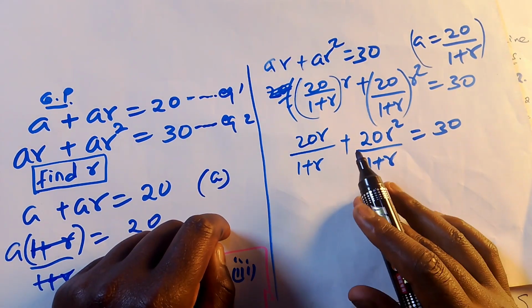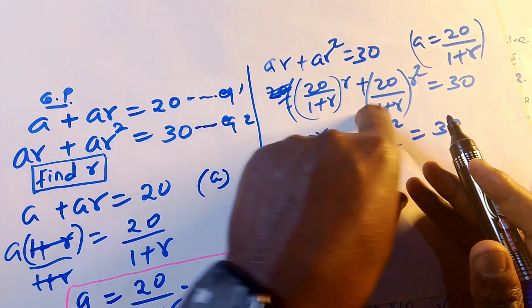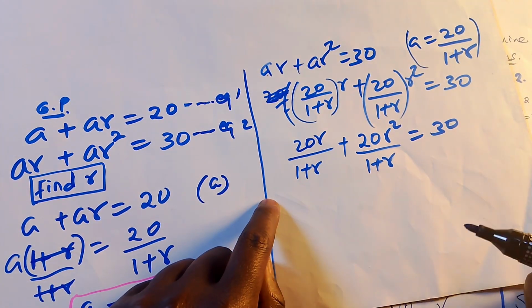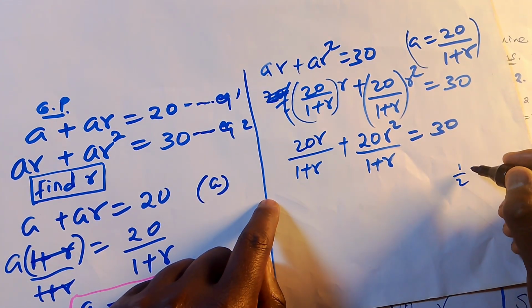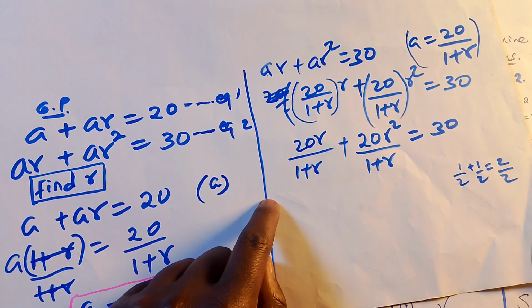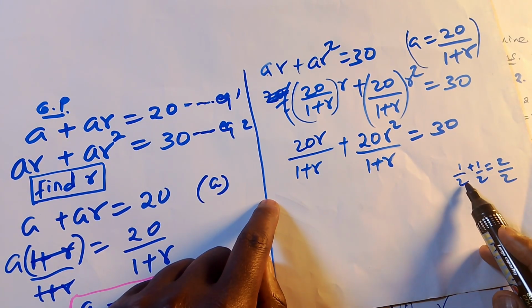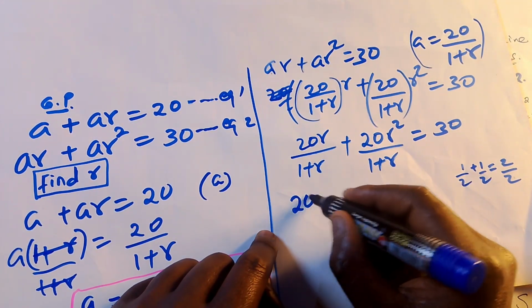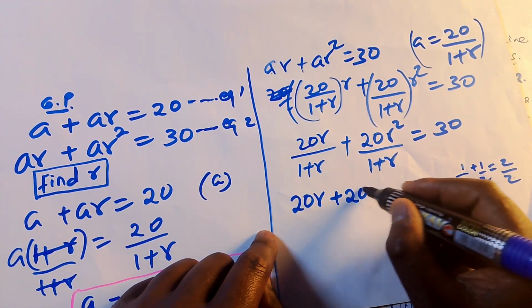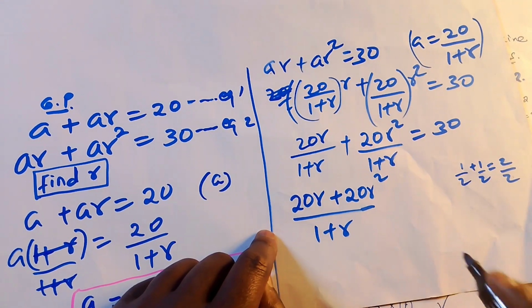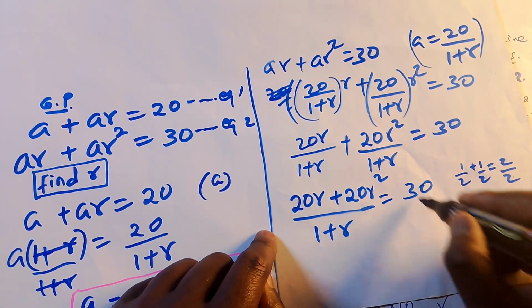When the denominator is the same, when we add the numerators, the denominator remains the same. For example, a half plus a half becomes 2 over 2, because 1 plus 1 is 2. So adding the numerators we get 20R plus 20R squared, still over 1 plus R, equal to 30.